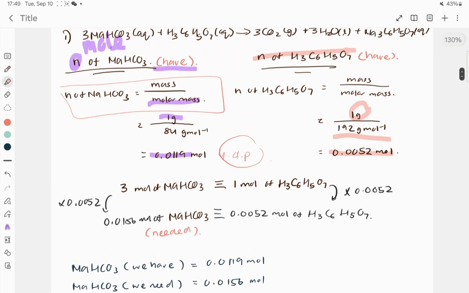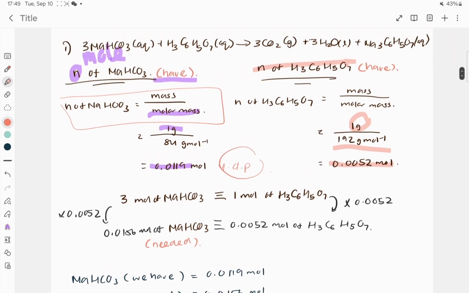Then we proceed to use the information from the equation: 3 moles of NaHCO3 will react with 1 mole of H3C6H5O7. We just take one of the values that we got, which is this one, because it is simpler, as here it is 1.